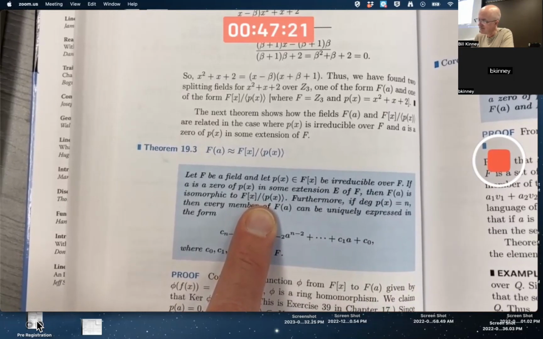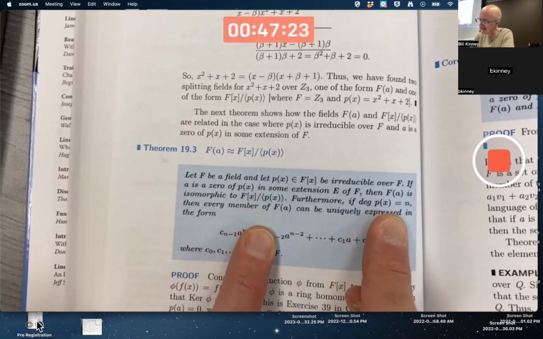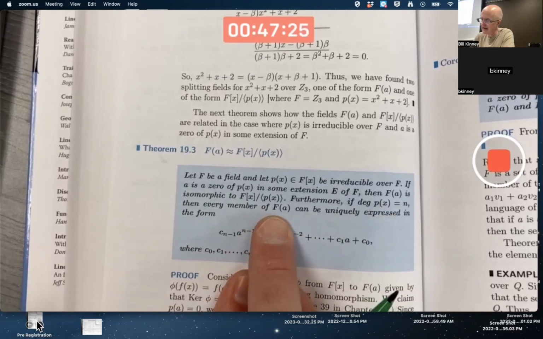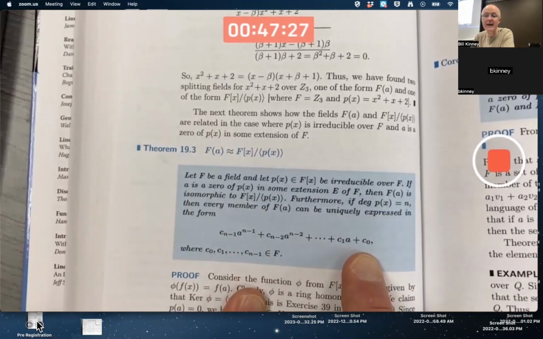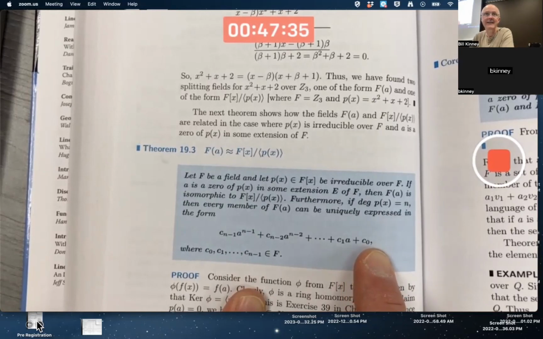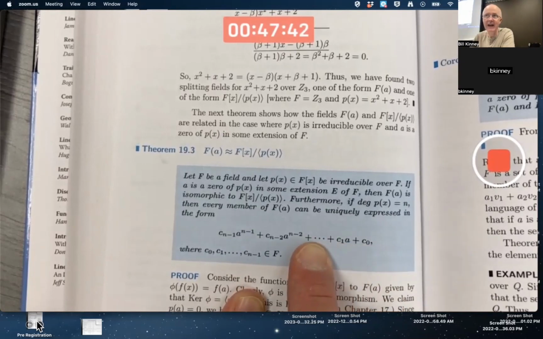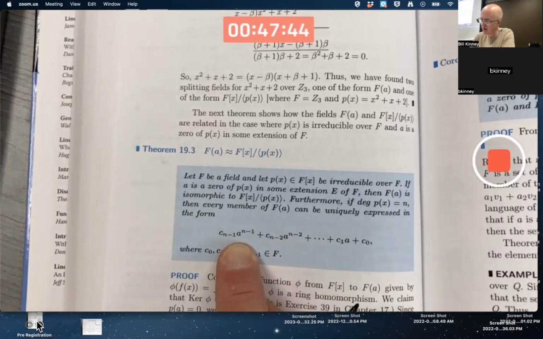Furthermore, if the degree of P of X is n, then every member of F of A can be uniquely expressed in this form as a linear combination of powers of A, including A to the 0 power, which is 1, A squared, A cubed, through A to the n minus 1 power.